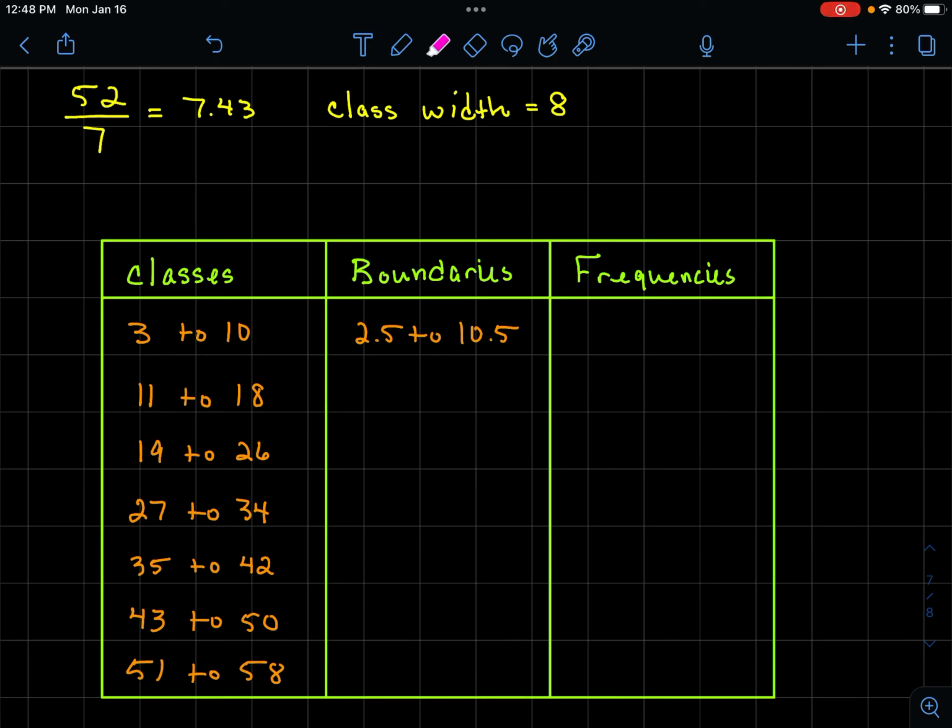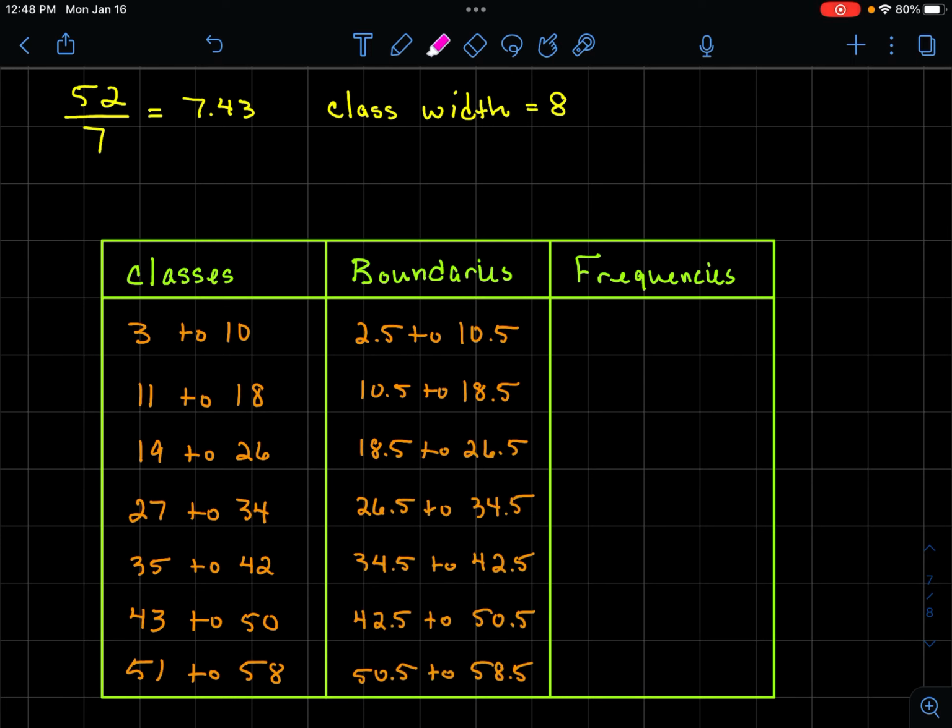What you should remember then is that since our data is supposed to be continuous, our upper class boundary should be the lower class boundary of the next class. So it should continue with 10.5, and then if our upper class limit is 18, add 0.5 to it, it'll go up to 18.5, and so on to continue for the rest of the boundaries of this distribution.